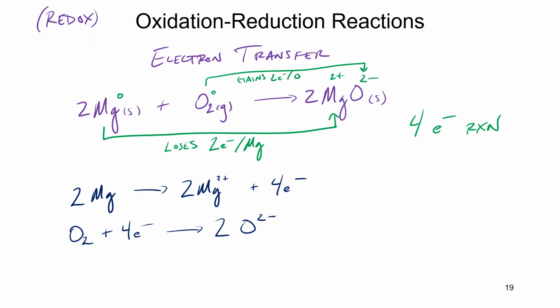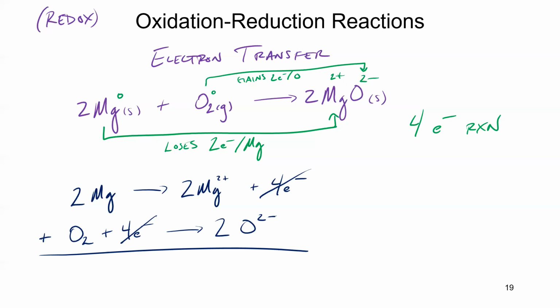Again, my net charge is 0. I've got 4 negatives on the left, and 2 times -2, that's 4 negatives on the right. When we add these 2 reactions together, my 4 electrons cancel out. I don't have any electrons left over at the beginning or the end. They're just transferred, and we end up with our overall reaction, 2 Mg plus O2 gives us 2 MgO.